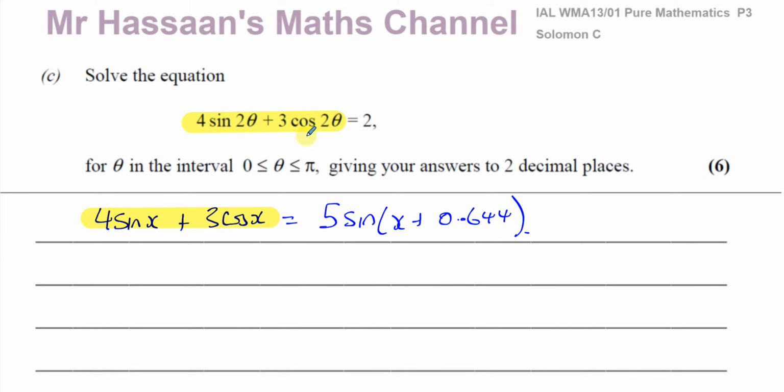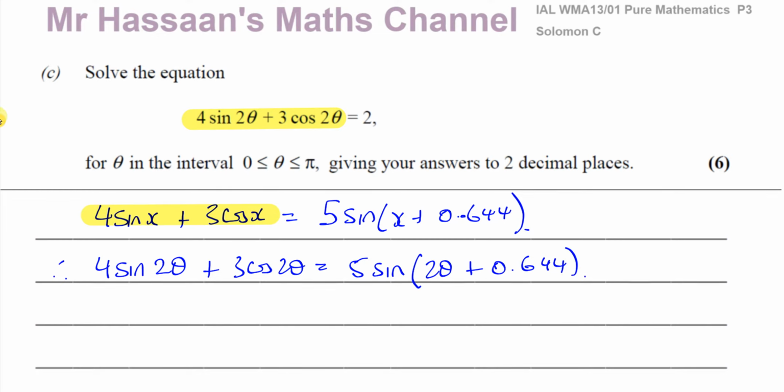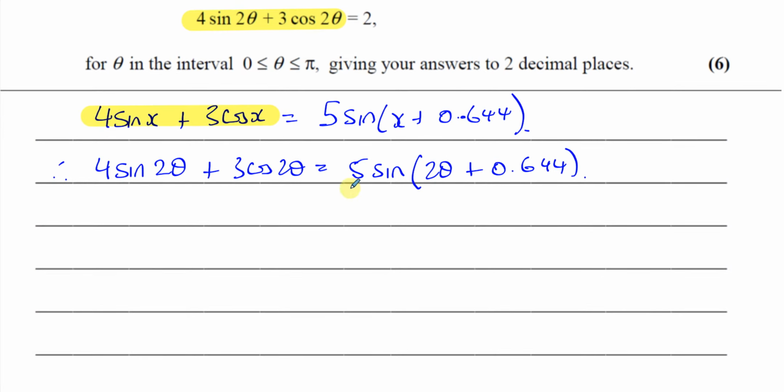Okay, so basically what we can do here is we can say, therefore 4 sine 2 theta plus 3 cosine 2 theta will be 5 times the sine of 2 theta plus 0.644.